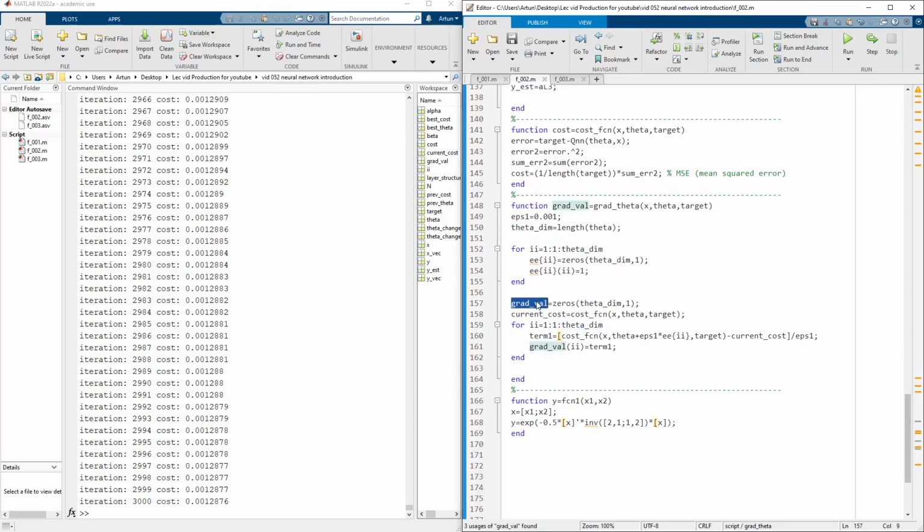So this is the gradient value. We just allocate some memory for that, and then we will construct that gradient vector, which is a 25-dimensional vector. And this is cost, the current cost, like we call it J0, in the tablet.